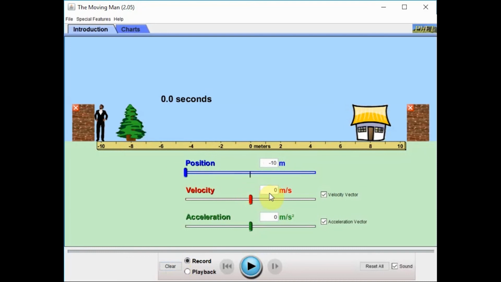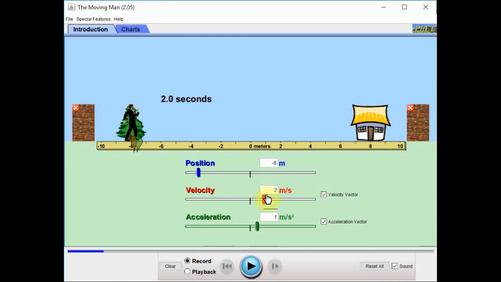So going back, velocity of 0, acceleration of 1. Now for every second that goes by, I'm adding my acceleration vector to my velocity vector. That is, I'm adding the green arrow to the red arrow. So let's watch this and pause with every second. Here at 1 second, my velocity is going to be 1 meter per second.